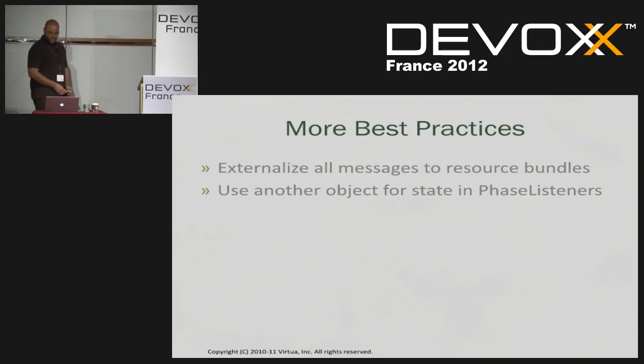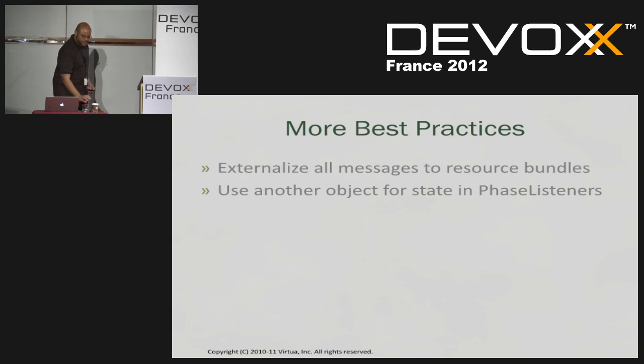Try to externalize messages to resource bundles. By messages, I mean the text inside of your pages and things like that. This is really something I like to do, but it's really not required unless you have a requirement to support multiple languages. If you need to support multiple languages, you have to put them in resource bundles, right?